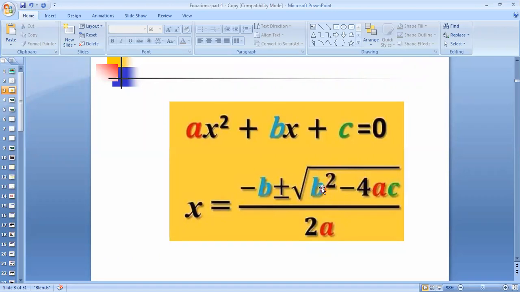What will be the name? b square minus 4ac is the discriminant of the roots of the equation. Remember it. That means depending on the b square minus 4ac value, we can find out the nature of the roots of this equation.